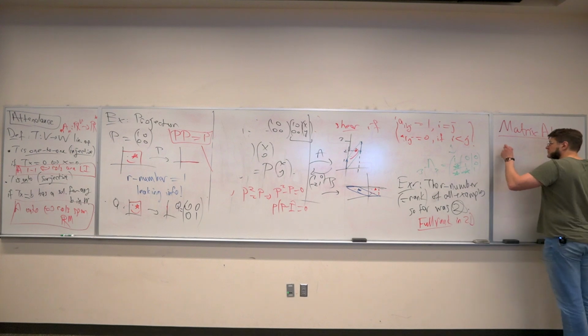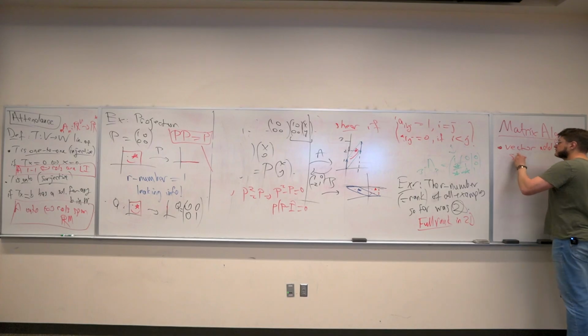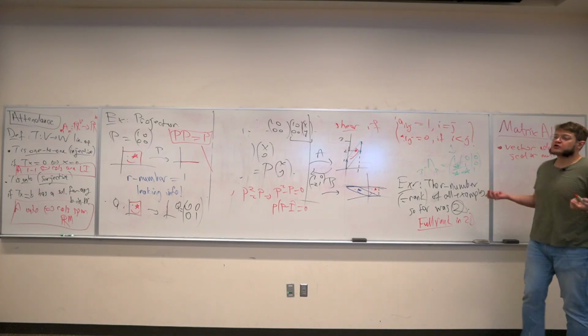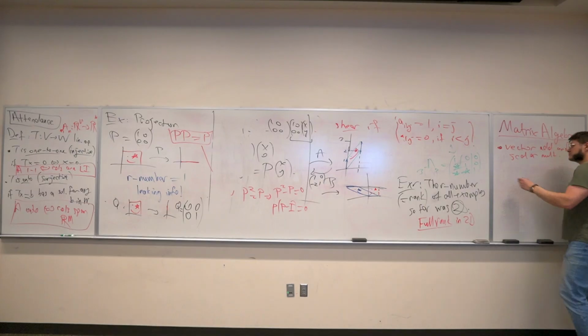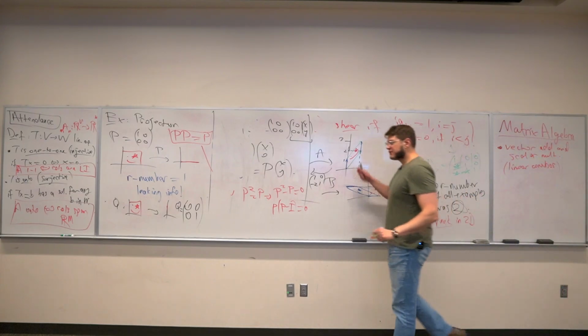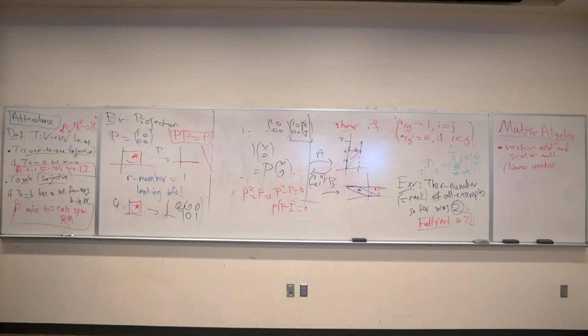Vector add and scalar multiply. More generally, you can just take a linear combination. The point always is that when you're doing these, the dimensions of the matrices that you're handling have to be the same.